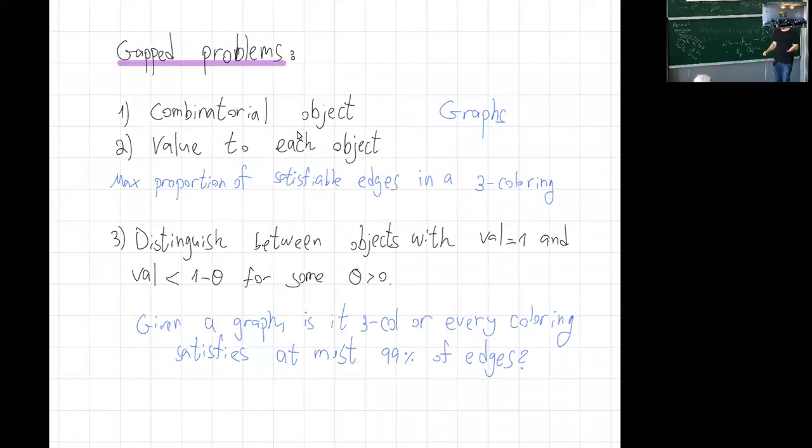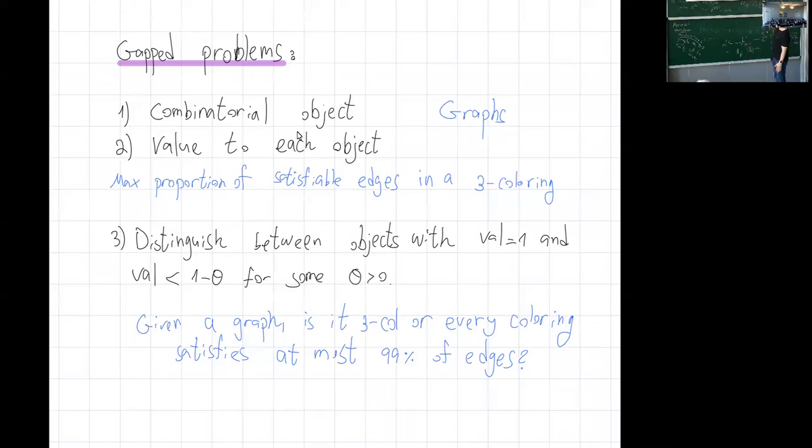So this is just the usual setup of decision problems, but I need what are called promise languages, or gapped decision problems. In the setup of a gapped problem, you have a set of combinatorial objects. Again, my blue notation is for the running example, so just think of graphs, for example. And then instead of giving a yes/no answer for each object, I give a value to each object.